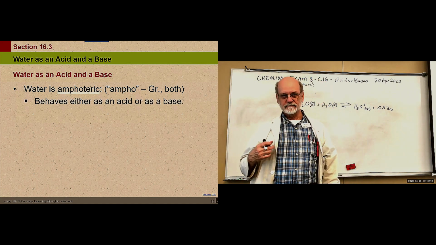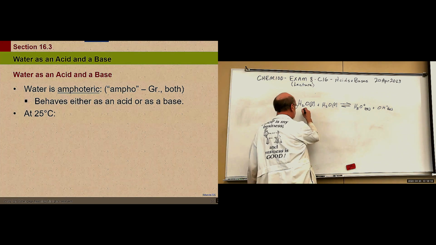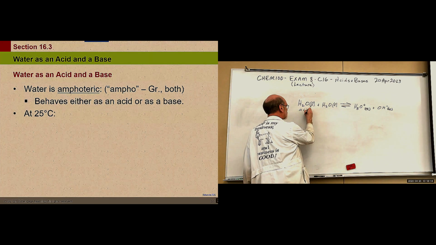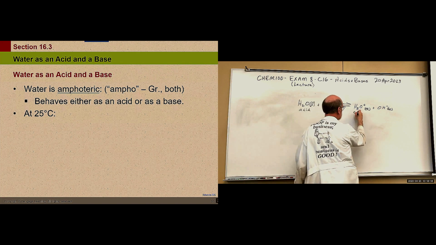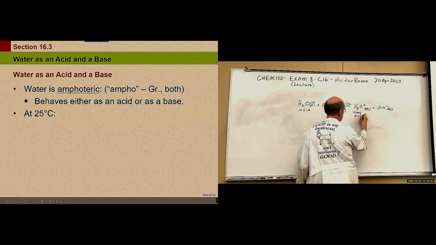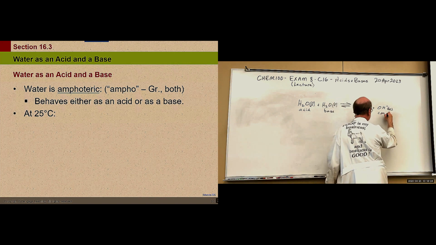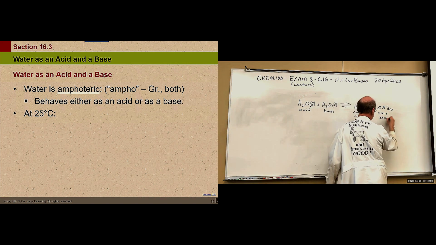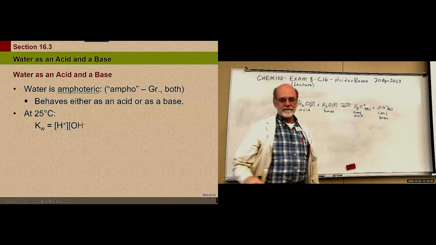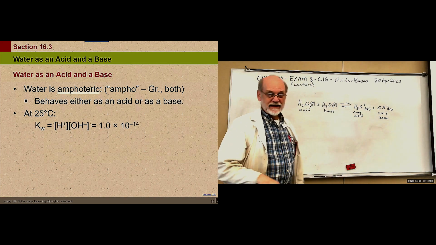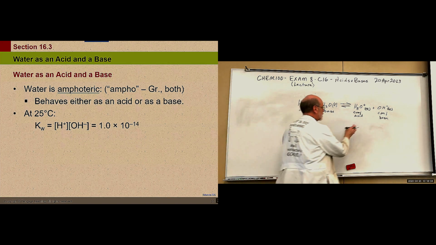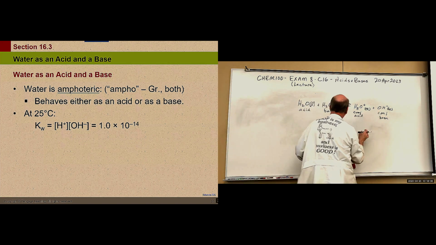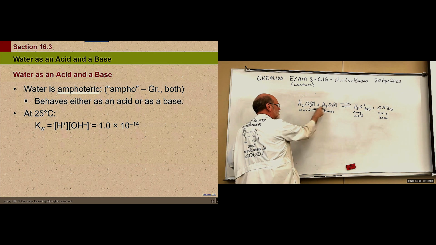So in this case, we're calling this an acid and this a base. That makes this a conjugate acid and conjugate base. Okay, and the KW here is expressed in terms of this one times that one. Now, why didn't we put these in here?